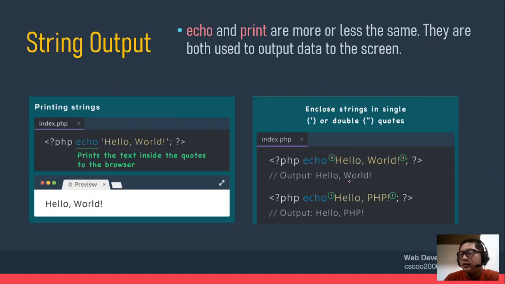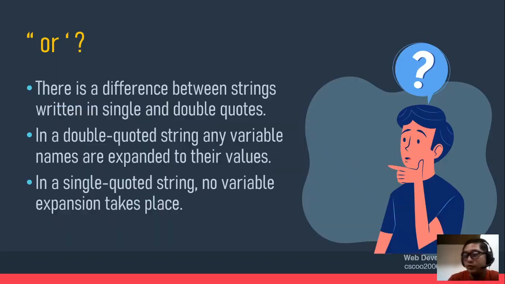You notice that when we display strings, we use either single quotes like this one or double quotes like this one. So what's the difference between those two? There is a difference between strings written in single quotes and double quotes.